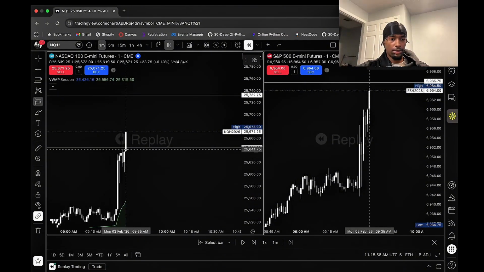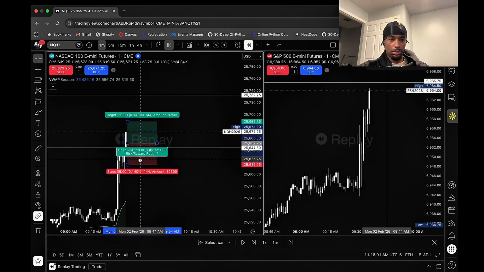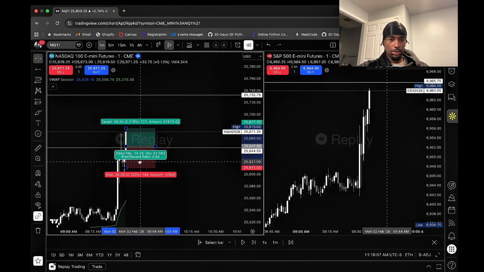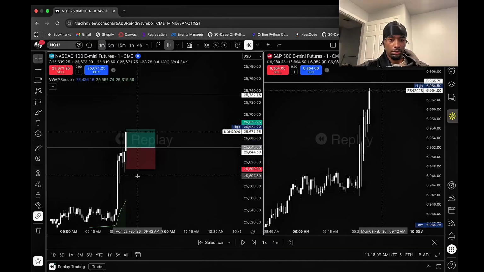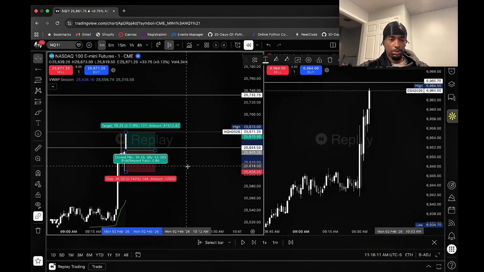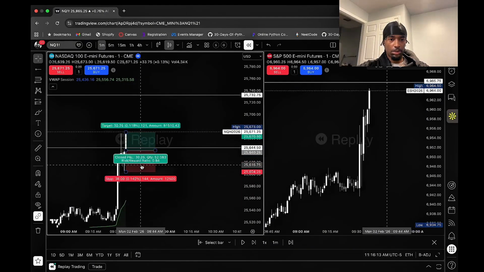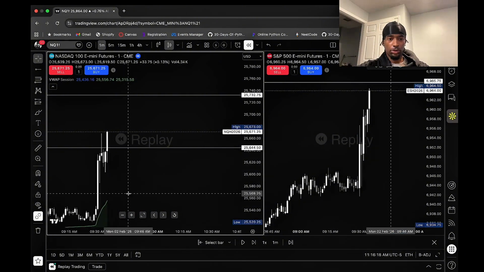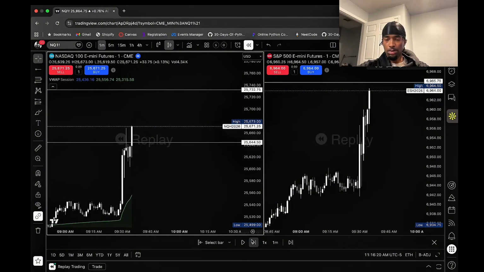So we rebalanced in, looks like we're about to take this long right here. I could have took this for 30 points. Well, I should have got a better entry actually, so I could have really took something like this, 30 points right here. But that's not the trade that I took. Now looking back, I could have took that trade, but I wasn't locked in right there.